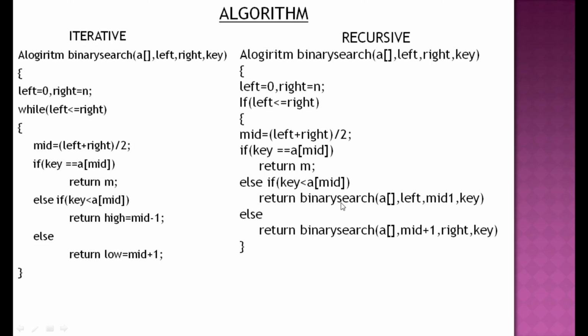So again it performs binary search for the left subarray and again binary search for the right subarray, but in the iterative method this doesn't occur because it is called by itself.